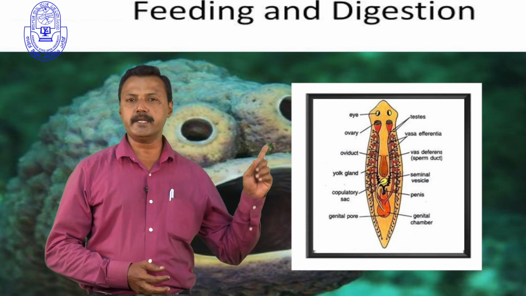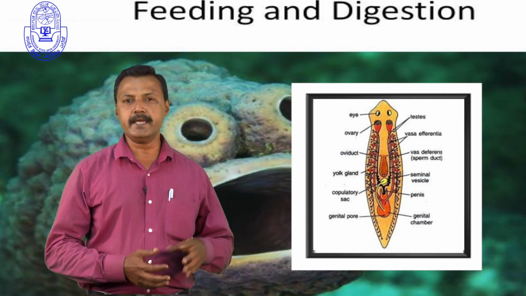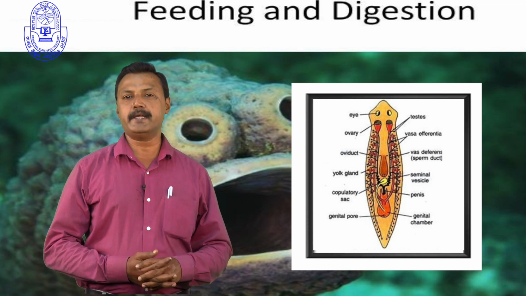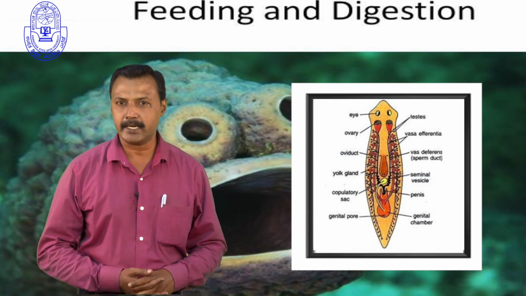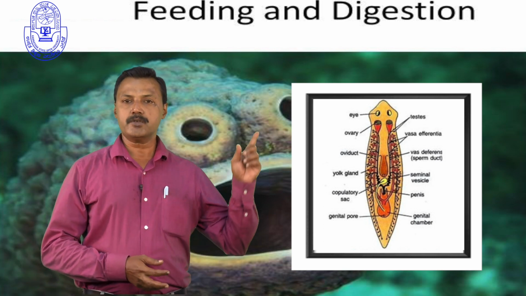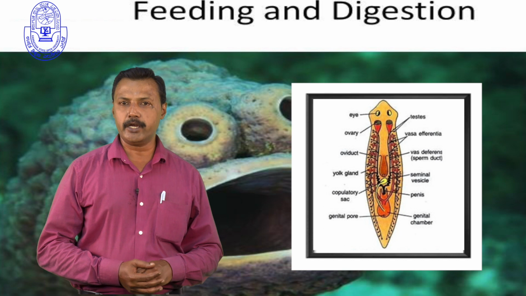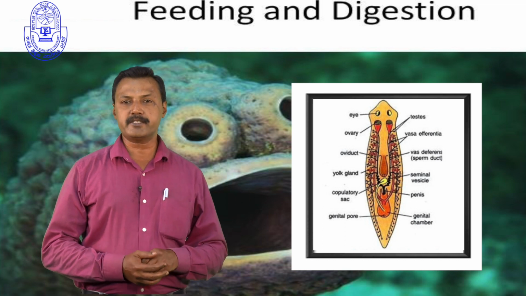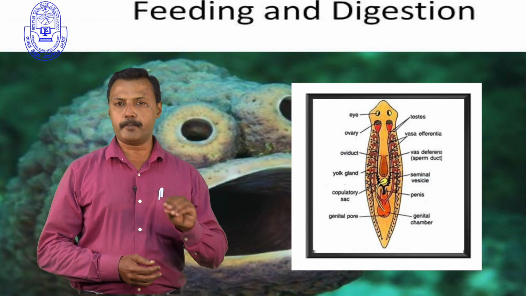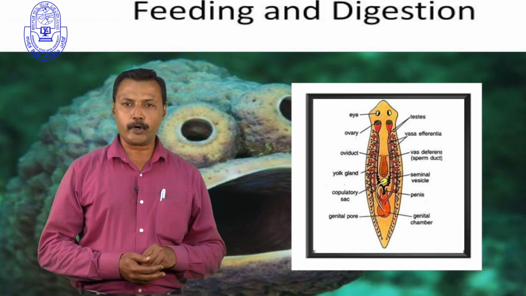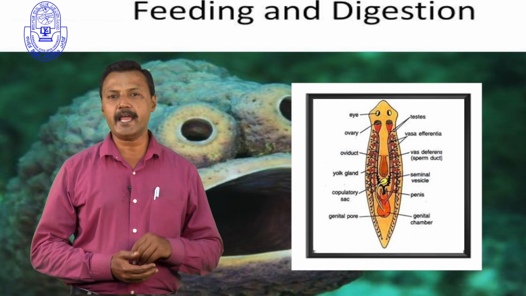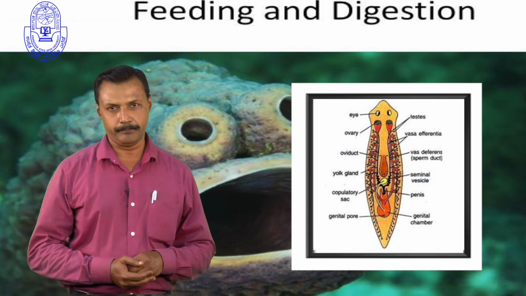As you observe in this diagram, the planarians have, for the first time, a distinct alimentary canal, but an incomplete digestive system. The alimentary canal includes the mouth region. This mouth has a proboscis which protrudes from the posterior region of the body and helps in engulfing the food.